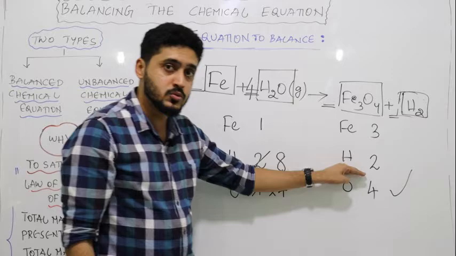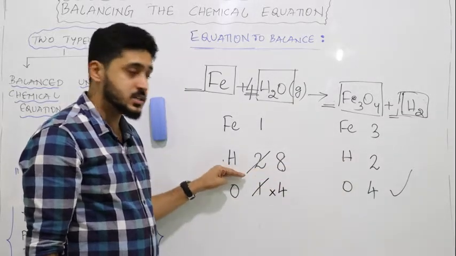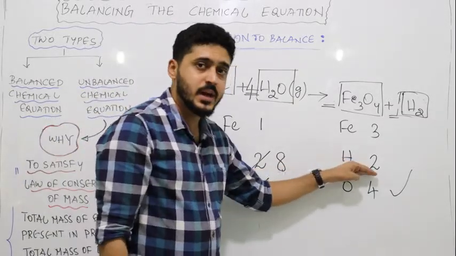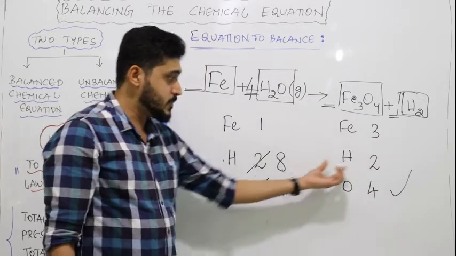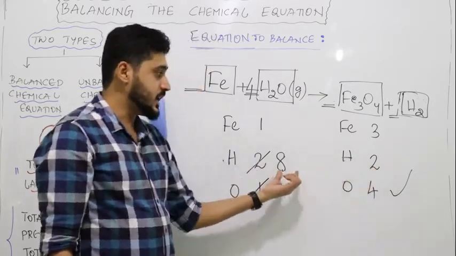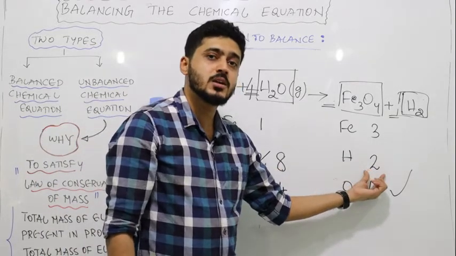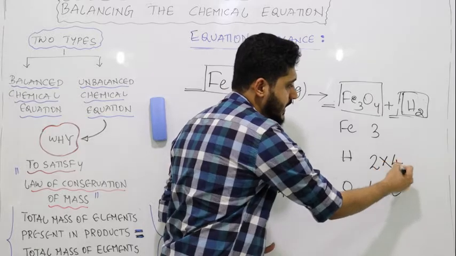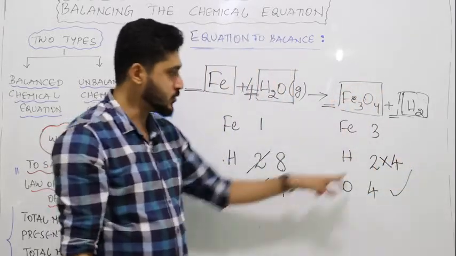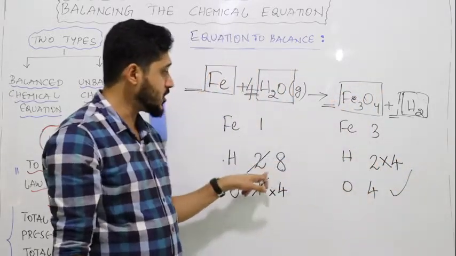Here hydrogen is 2. On the reactant side hydrogen is 8. So you have to multiply the product side by some number to get this 8. So this 2 should be multiplied by what number? 2 into 4 is 8. So you multiply by 4. Now 2 into 4 is 8. Here also 8.